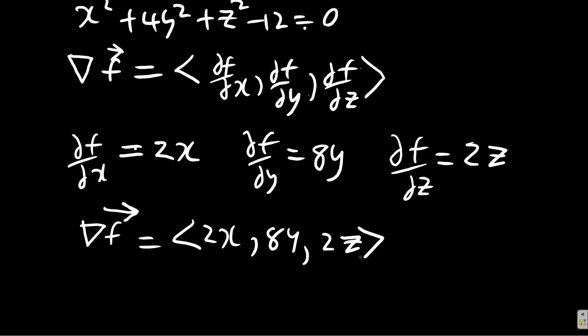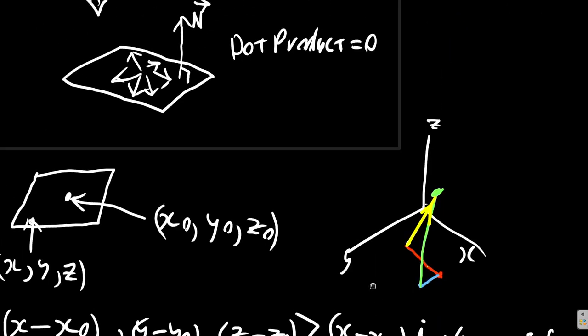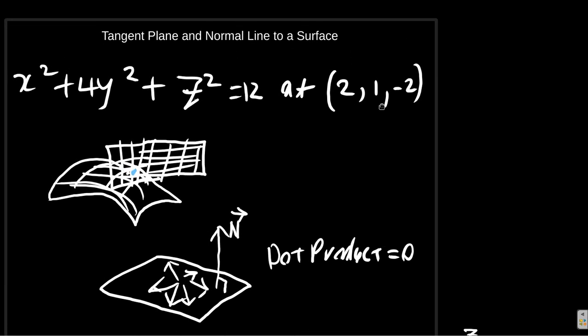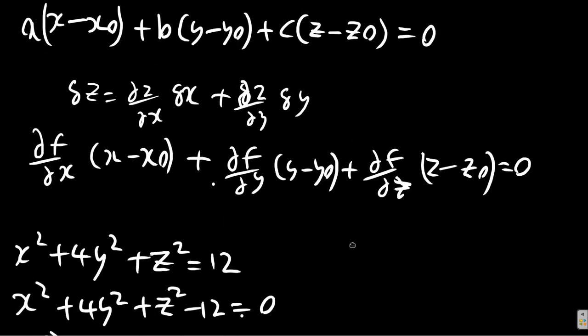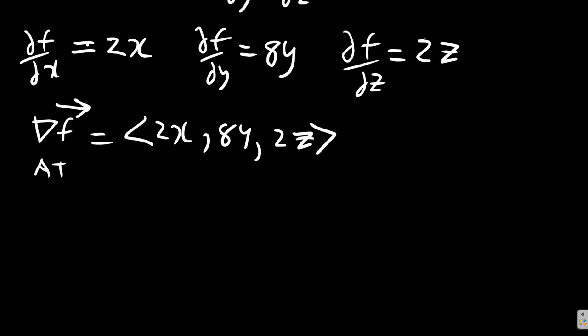Now, what happens at the point that we were given? What was the point again? The specific point was 2, 1, negative 2. Alright, so let's go back there.